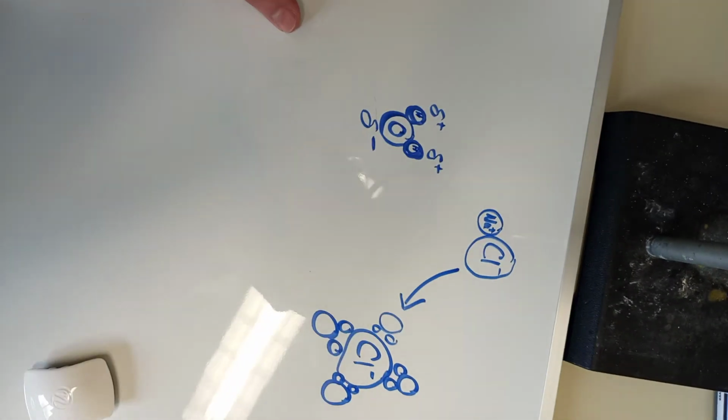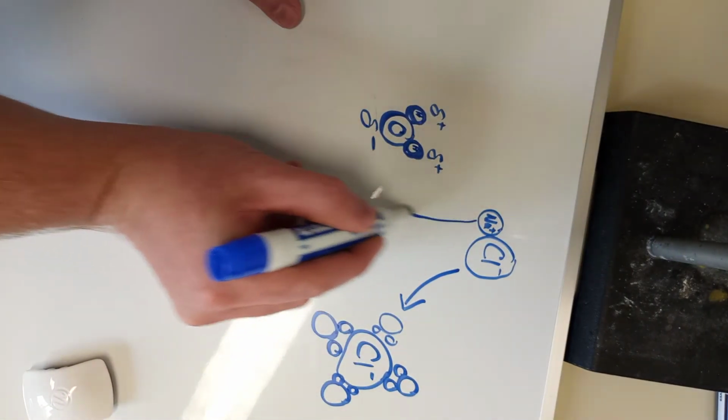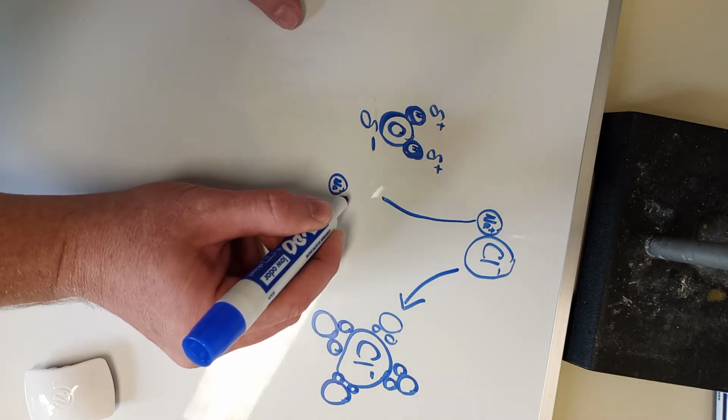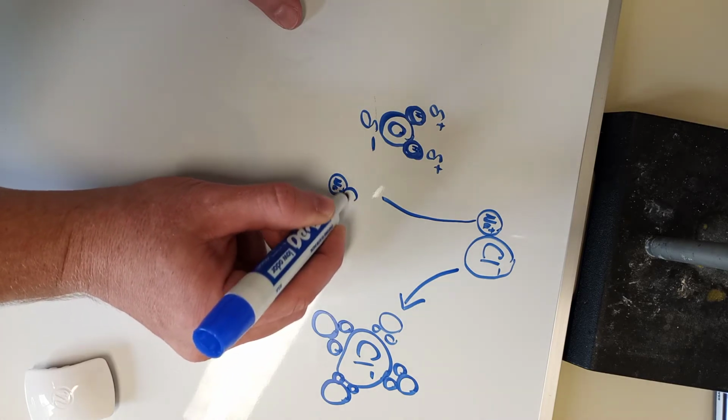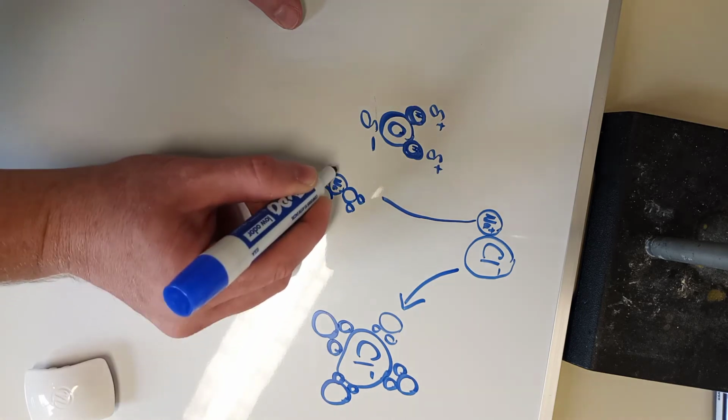The sodium is similarly going to be surrounded by waters. The difference is that because sodium is positive, the negative side of water is going to be attracted to it.